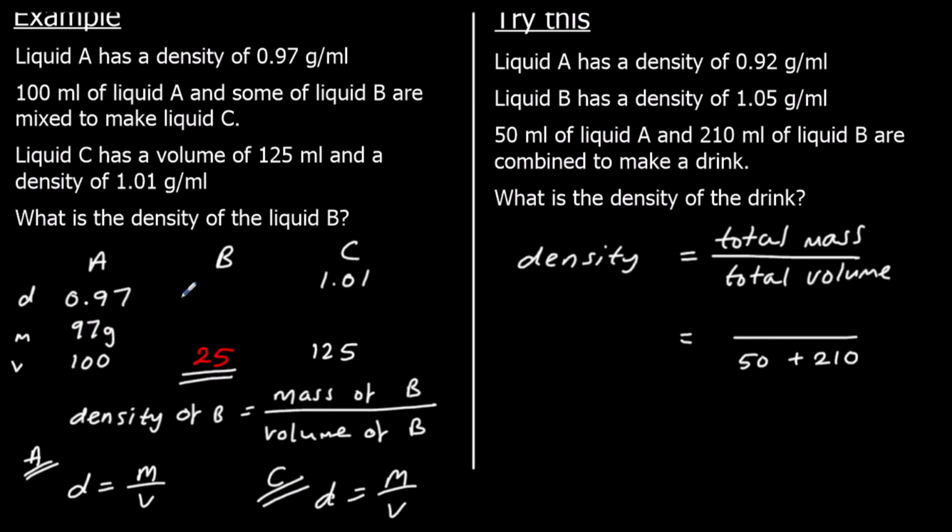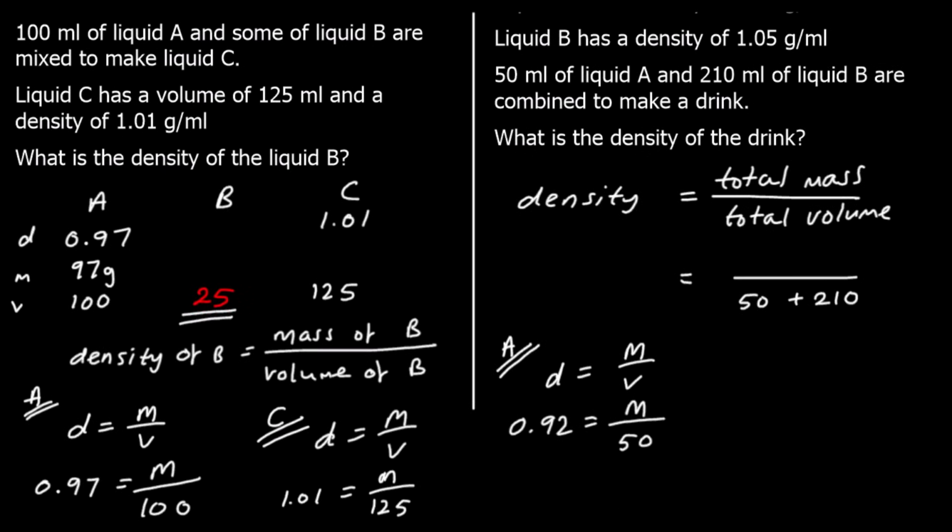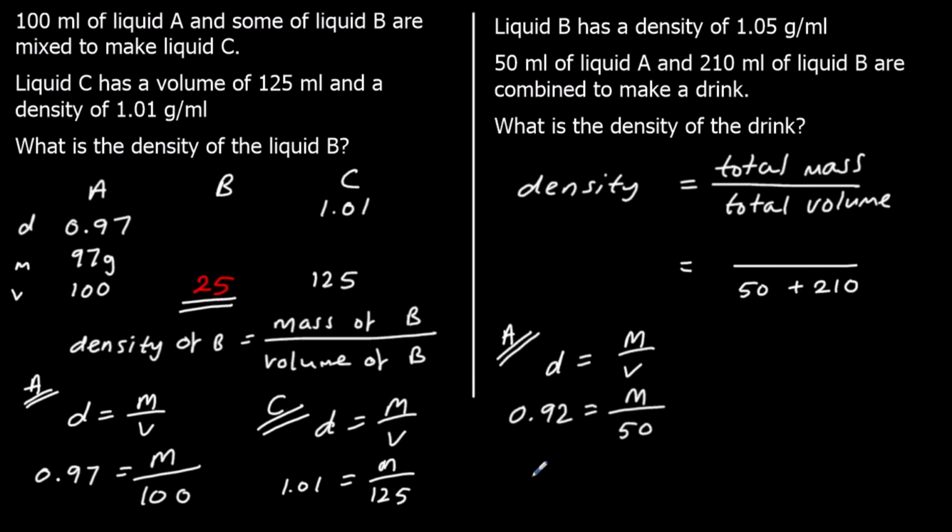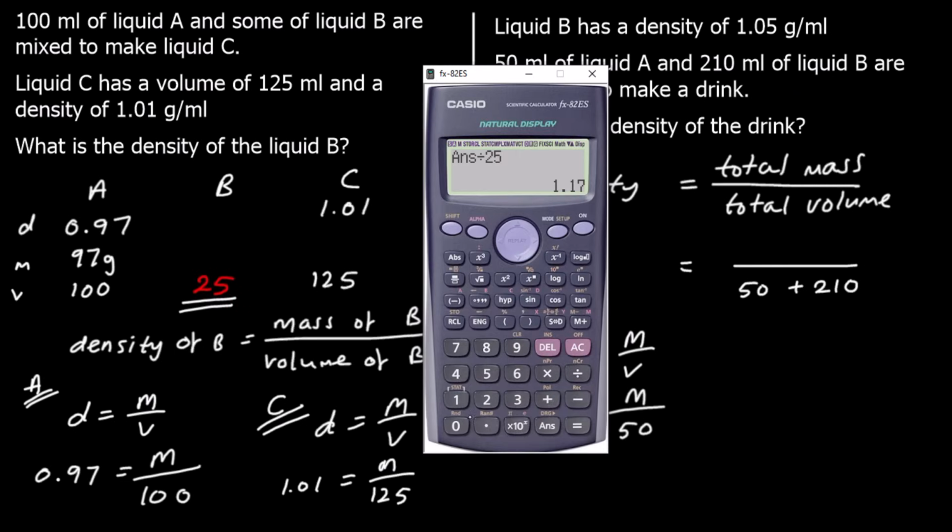So we need to work out the mass of both of them. So let's get the mass of A. So density is mass over volume. And for A, the density is 0.92. The volume is 50. So 0.92 times 50 is 46.